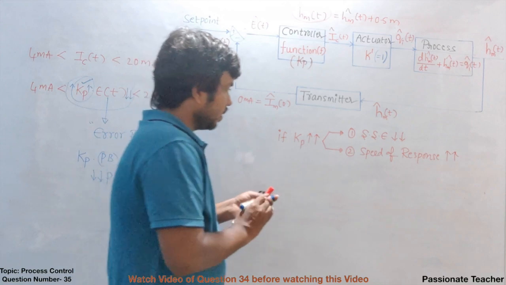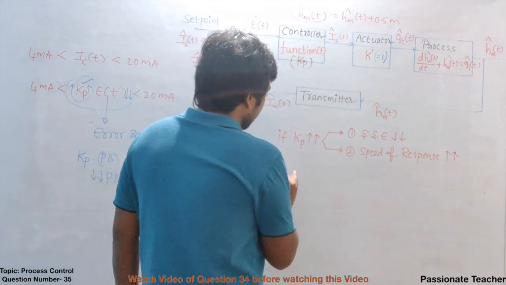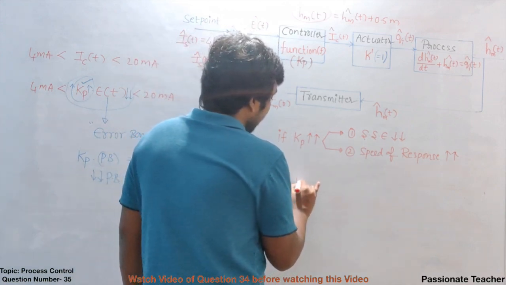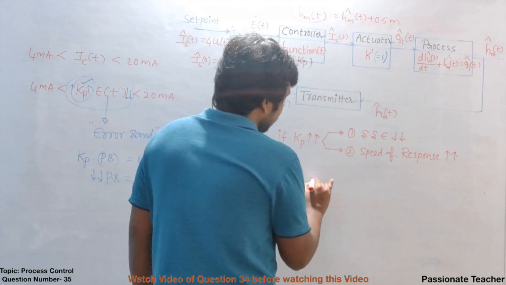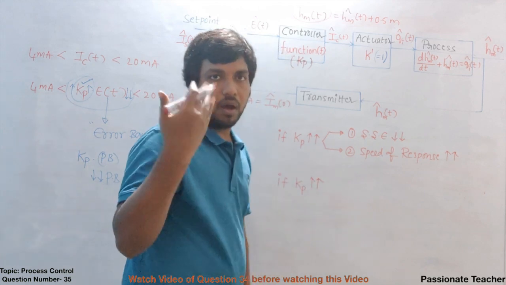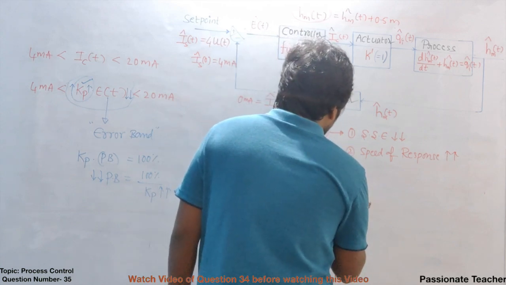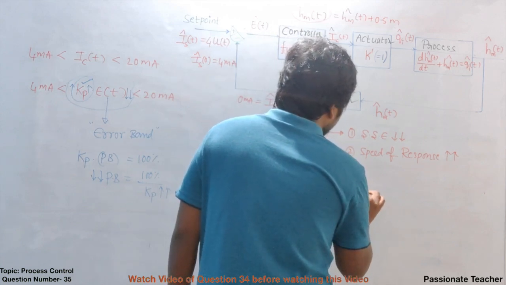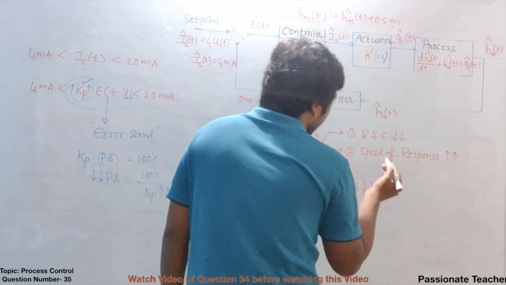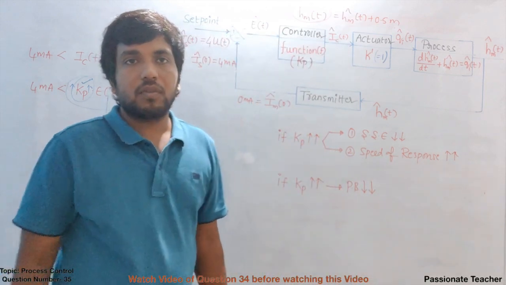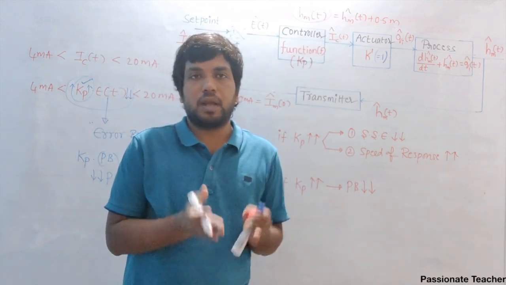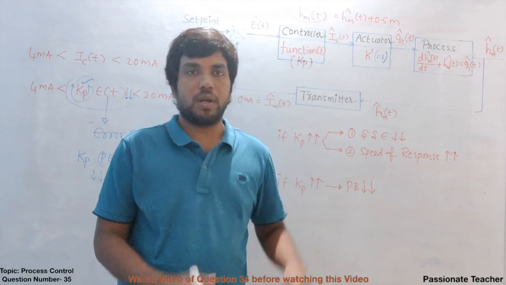The limitation with the proportional controller is that if Kp is increased after some extent, the proportional band will decrease. If the proportional band is decreasing, then slowly it converts into an on-off controller.